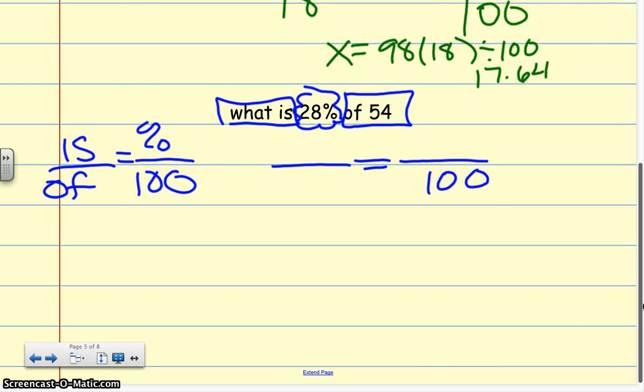So 28% is connected to percent, so it would go up here. Of 54, the of and 54 are connected. And then what is always the x. So we get, once we do the cross product, 15.12.